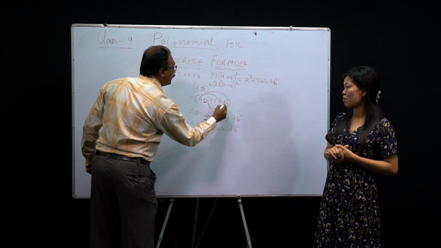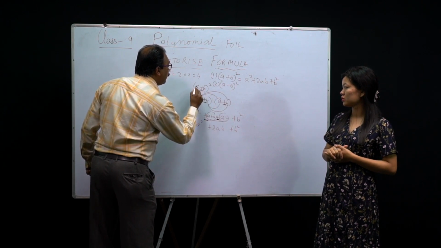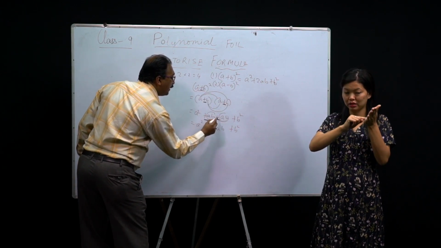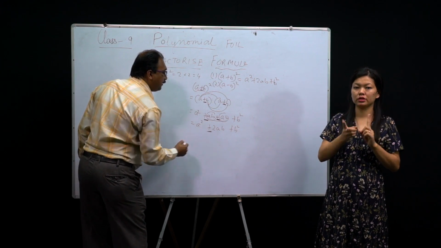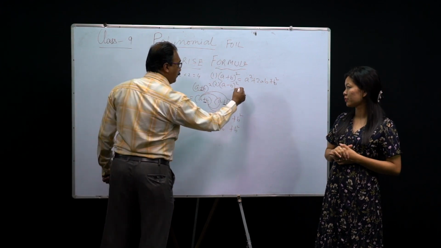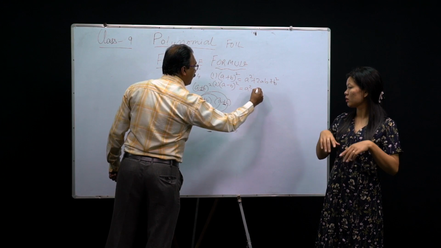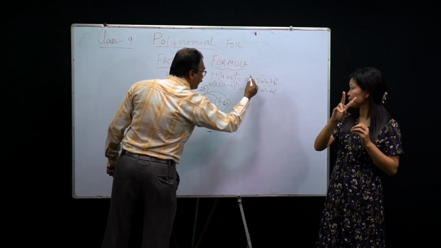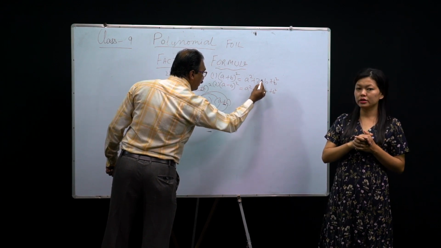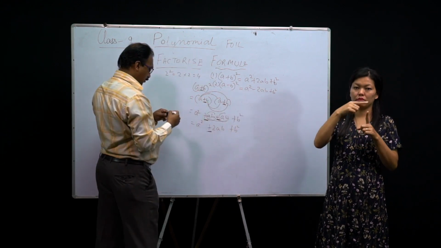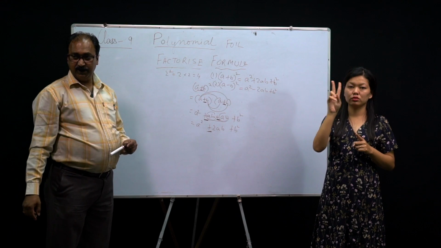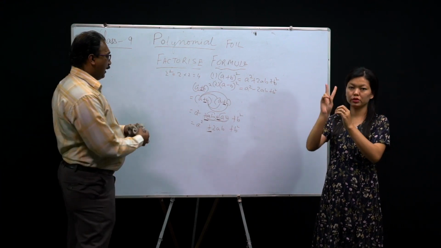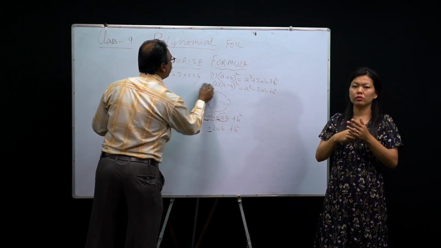So if it is a minus b, so it is minus ab, and this will be minus 2ab. Others are same. So what you can write here? A square minus 2ab plus b square. Look at the square term, not negative. This also plus, but only the product term is negative. Do you get my point? So this is the formula you can apply. More formula I'll show you.